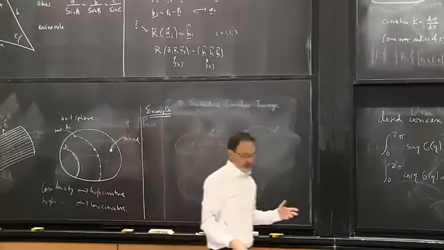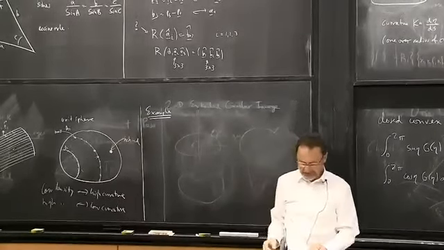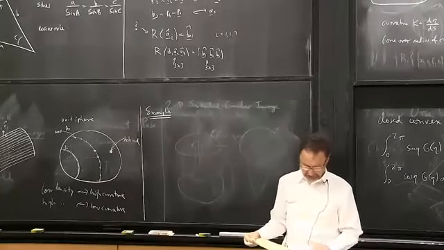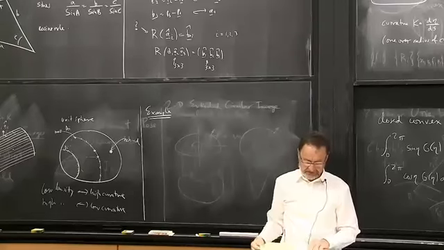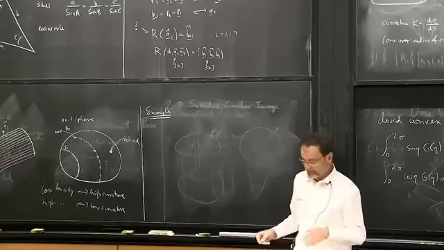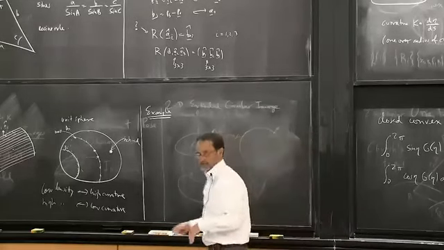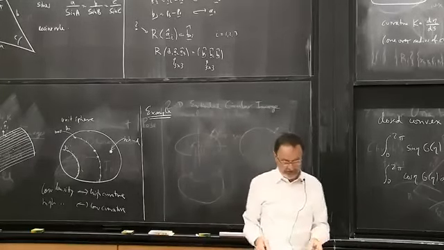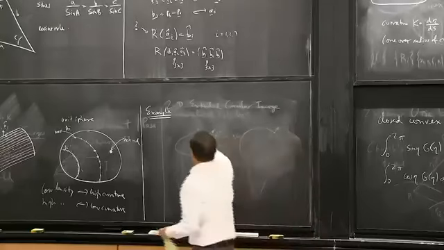And I'm doing this in 2D now because for 3D, I'm just going to write down the result. It's too boring to work out. So by torturing you with a 2D version, I am saving you the pain of looking at the 3D version. So let's look at an ellipse.